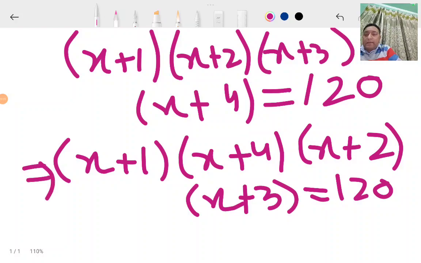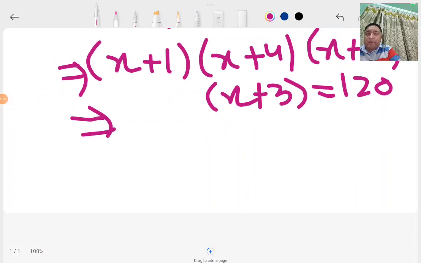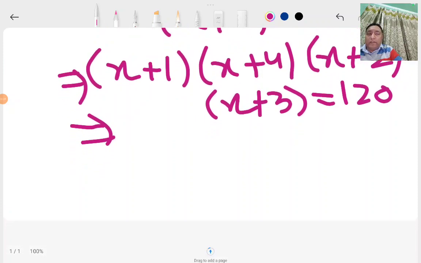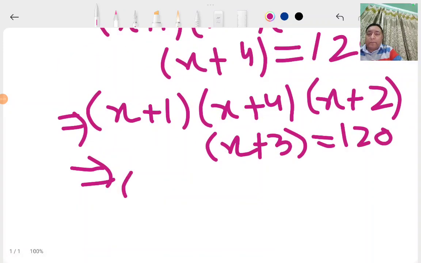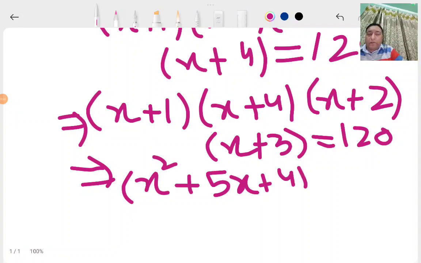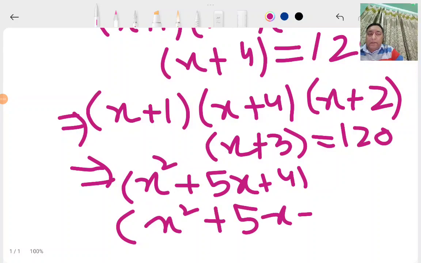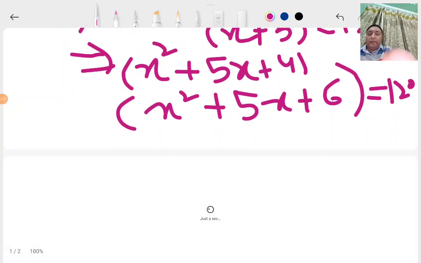This implies we are going to put x square plus 5x plus 4 and x square plus 5x plus 6, and this will be equal to 120. Now see how we are going to get it done.